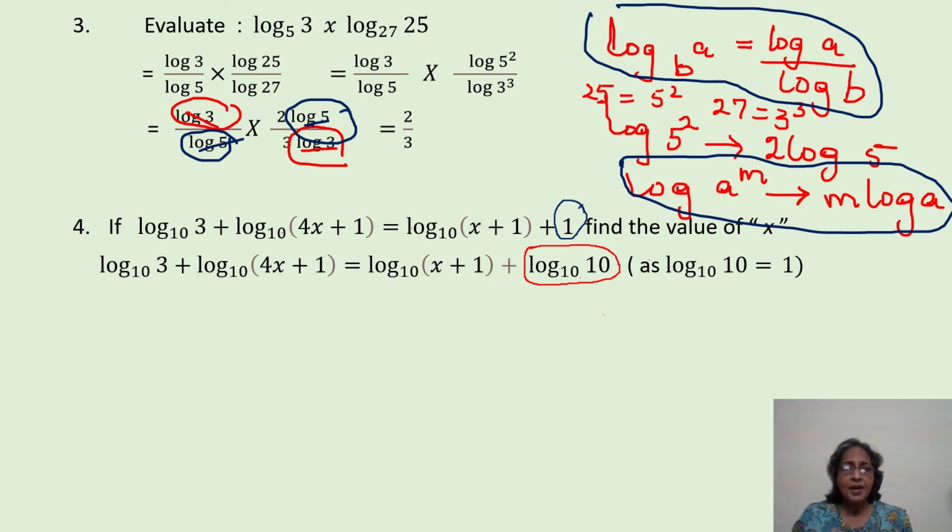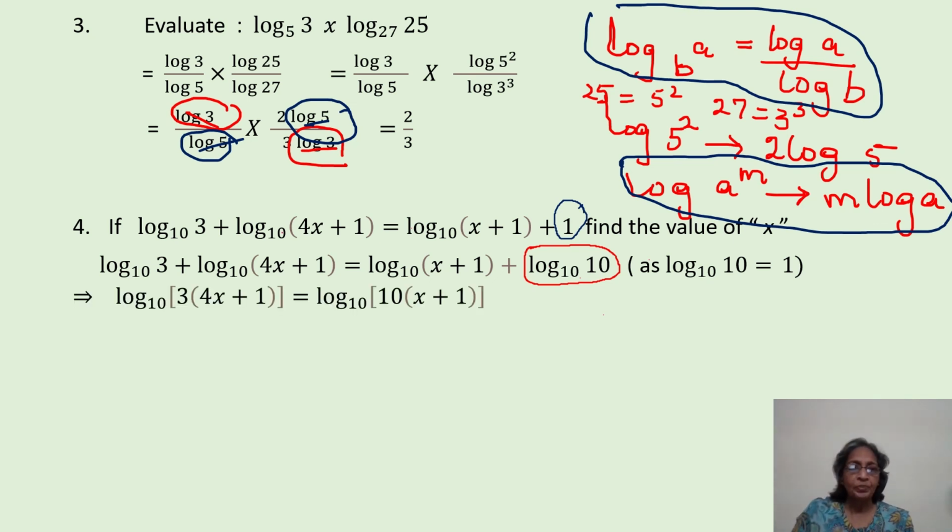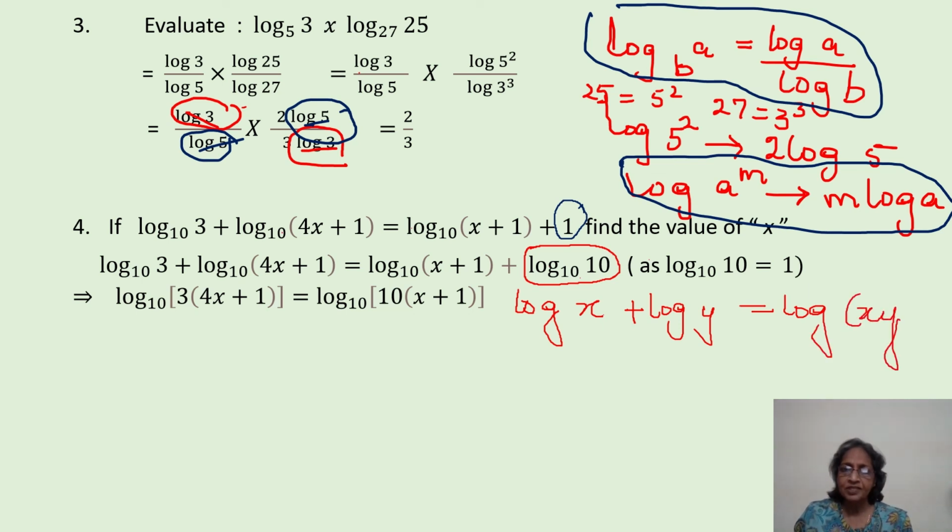Now the law that we are going to use in the next step is log of x plus log of y is nothing but log of xy. That was the first law that we did.